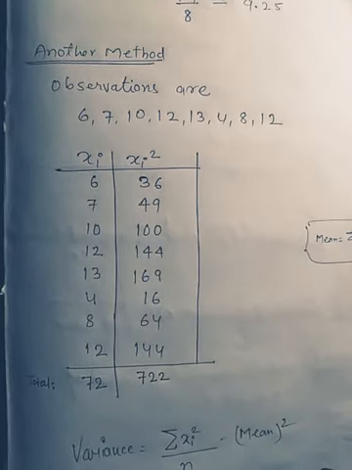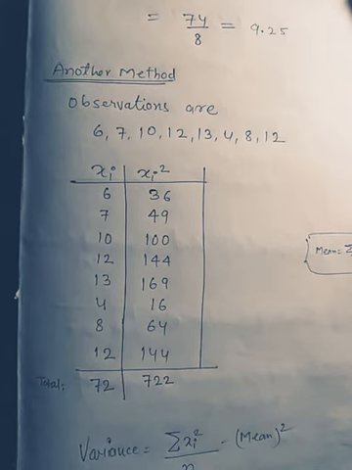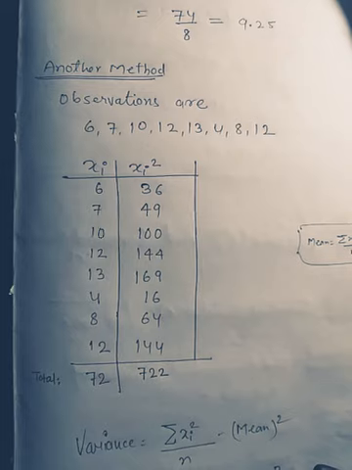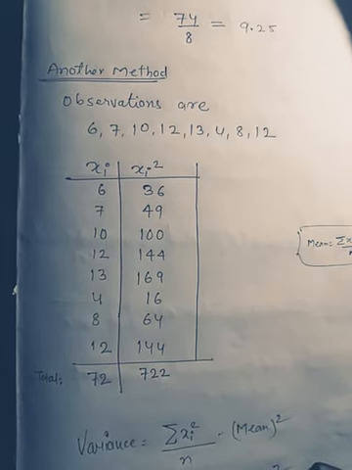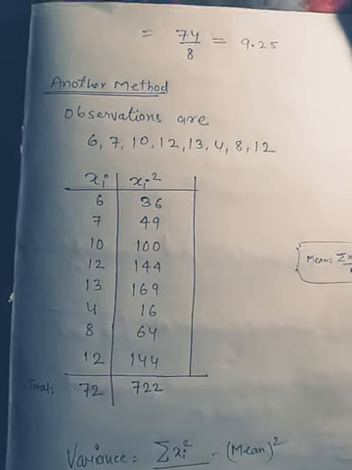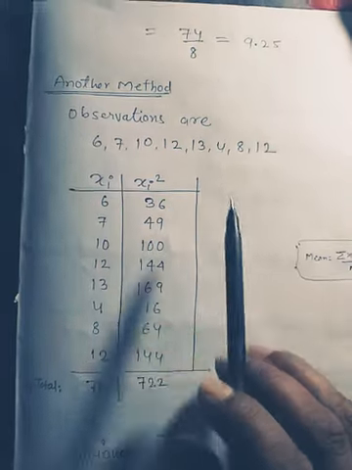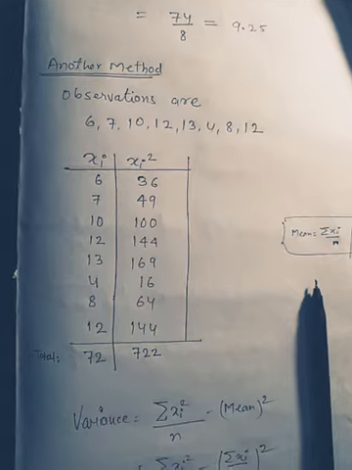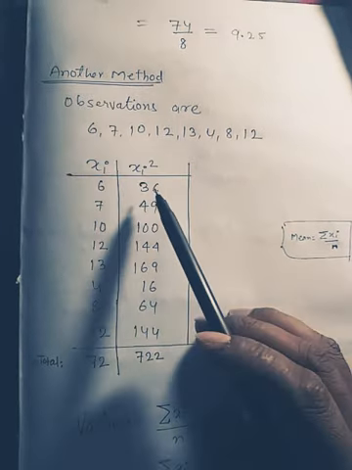Now for another method or another formula for the same problem, example 1, the observations are given as shown. For another formula, we need some terms, that is xi square.